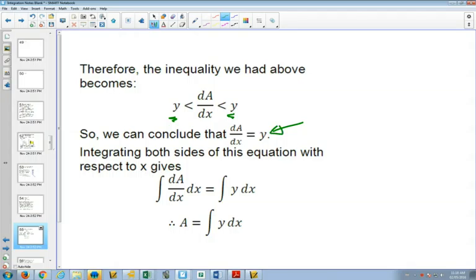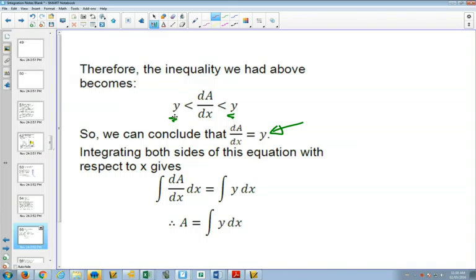You can't have something in between two equal values. I've got a number in my head. It's bigger than 5 and less than 5. Wait a minute, it doesn't really work unless it's equal to 5. And that's the idea here. So once this inequality is squeezed between these two, we can say that y is equal to the derivative.